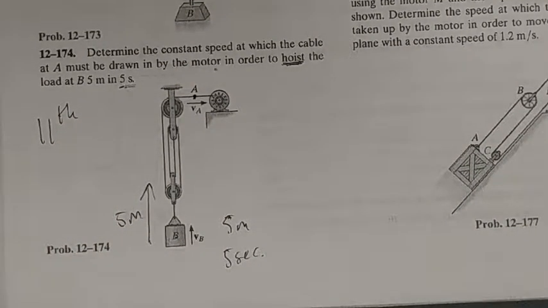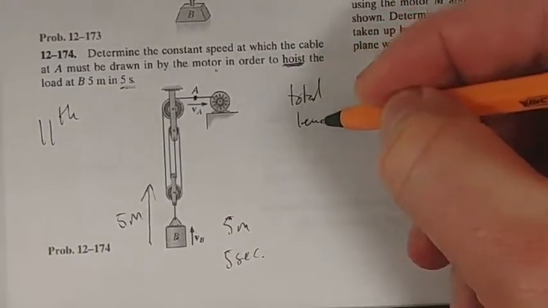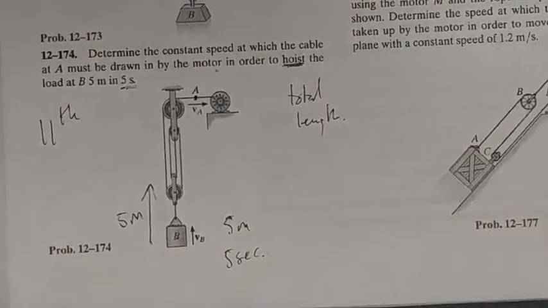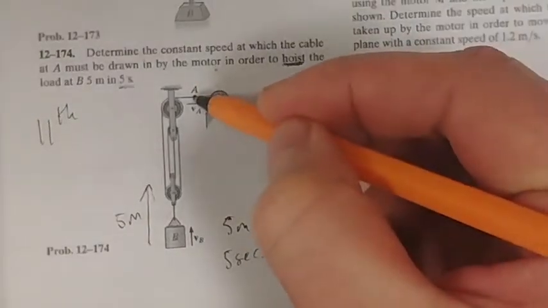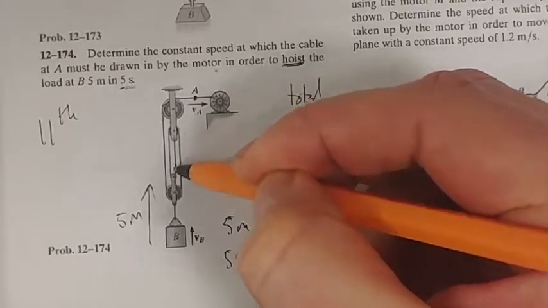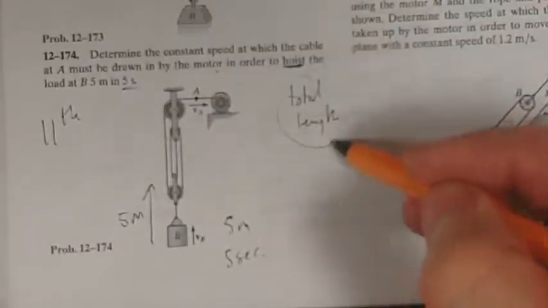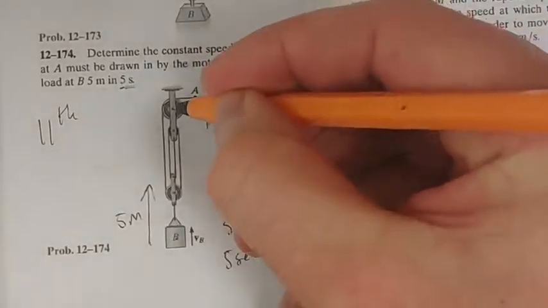Okay, so what do we do? The first step is, remember, we're always trying to find the total length. That's always our first goal. So here, from that point, the cord goes like this, goes around there, right? In order to get our total length, we first need to set up our datum. Where's a fixed point?